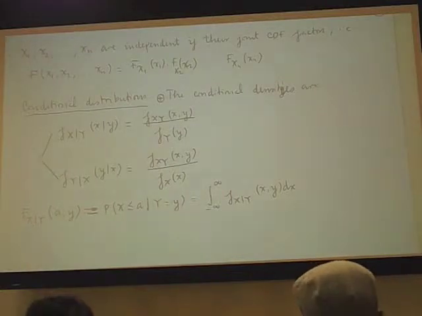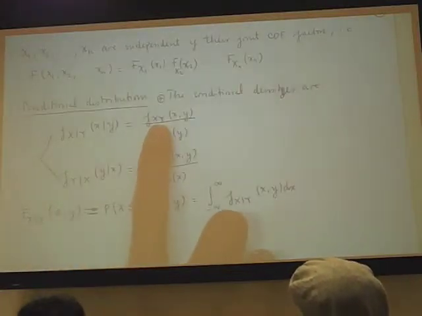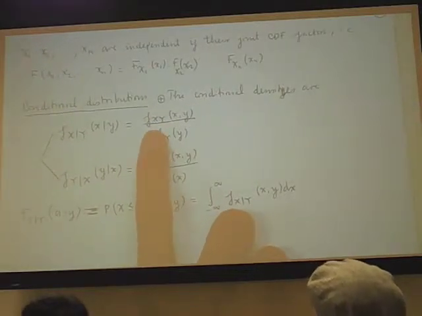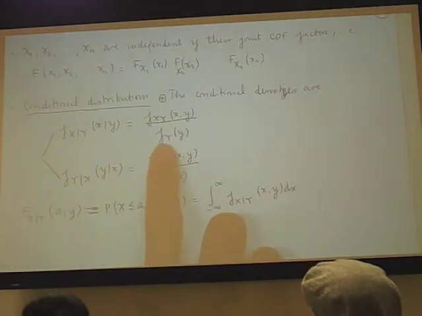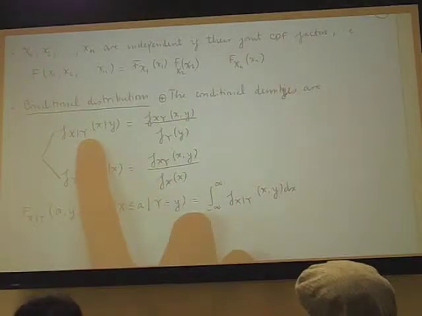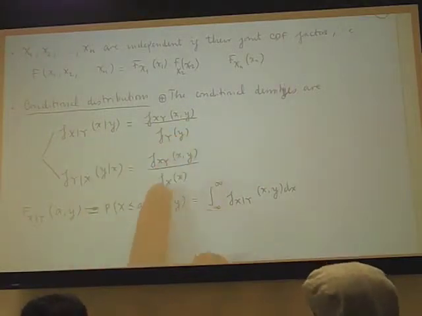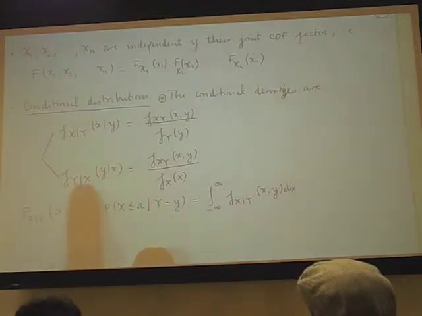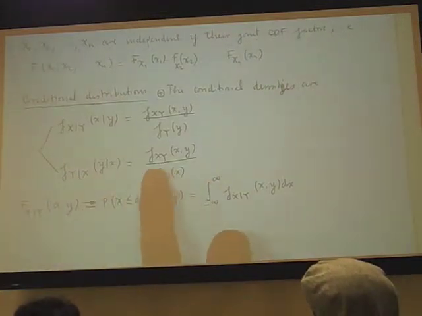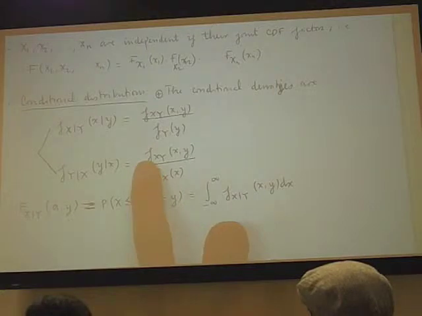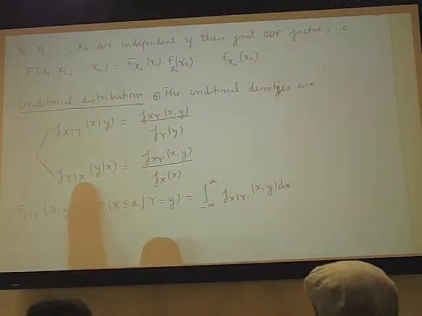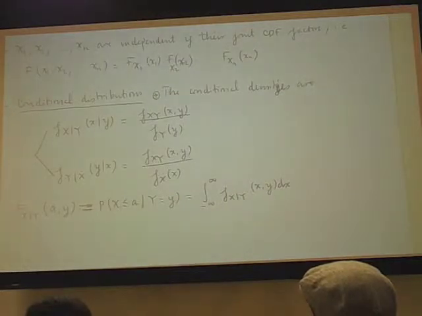Well, the definition should be the density, the joint density right here for x and y, divided by the marginal of the condition, y. And likewise, if I want to compute f of y given x, I'm going to have the joint density f(x,y) divided by the marginal of the condition, which is x. Does that make sense?